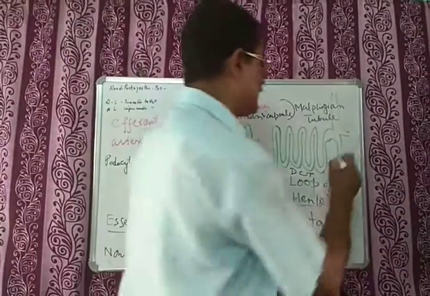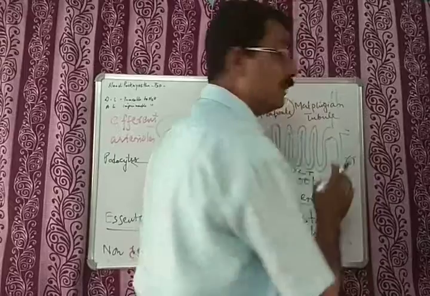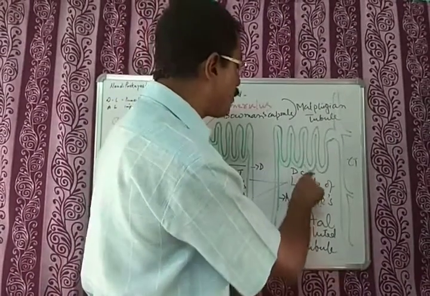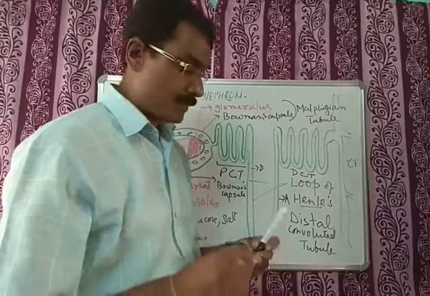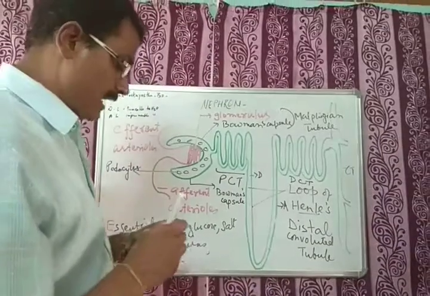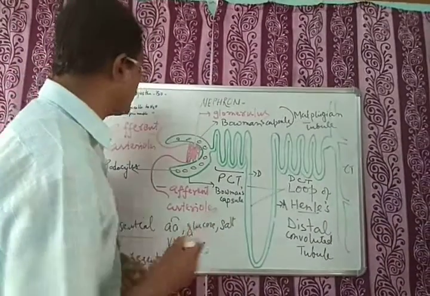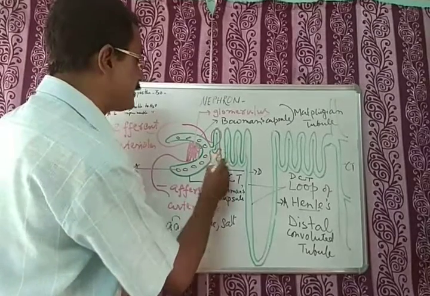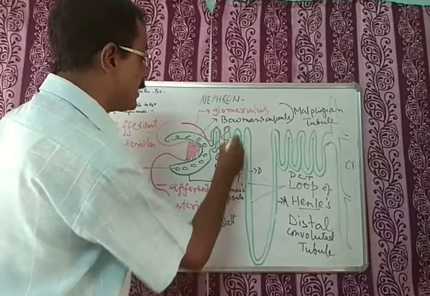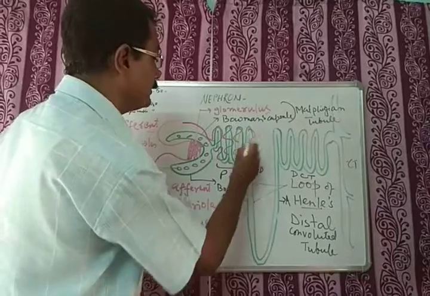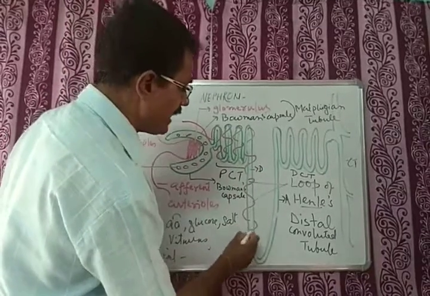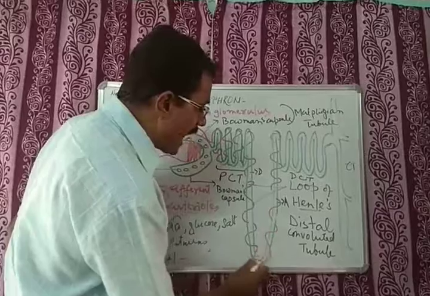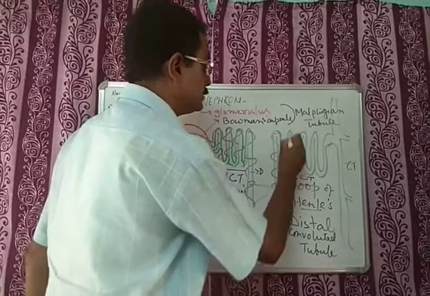This is the CT, called the collecting tubule. It collects the material coming out from the DCT. Now see, students, the last thing I will put here. The afferent arteriole will move like this and encircle the nephron. So the nephron is surrounded by blood capillaries.